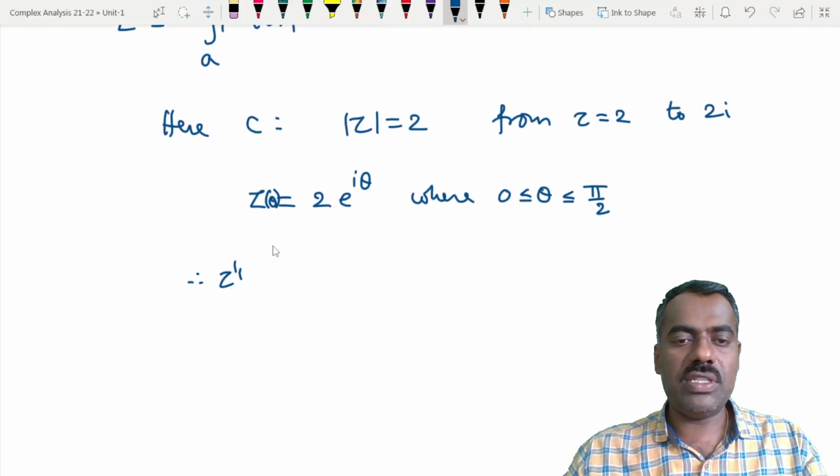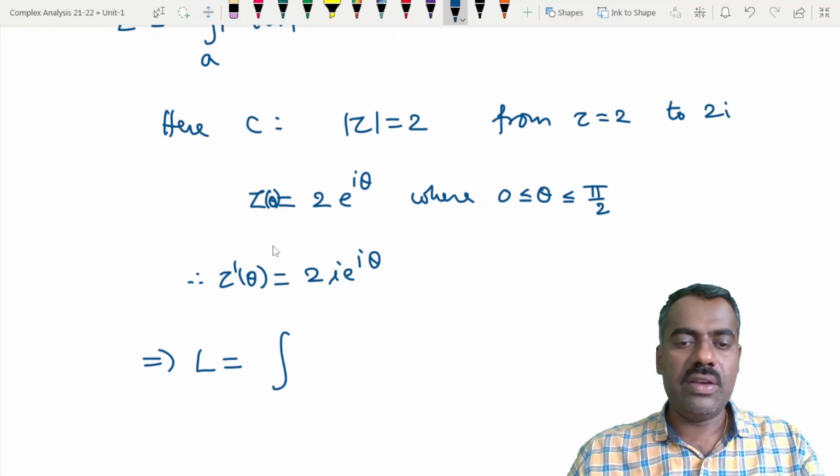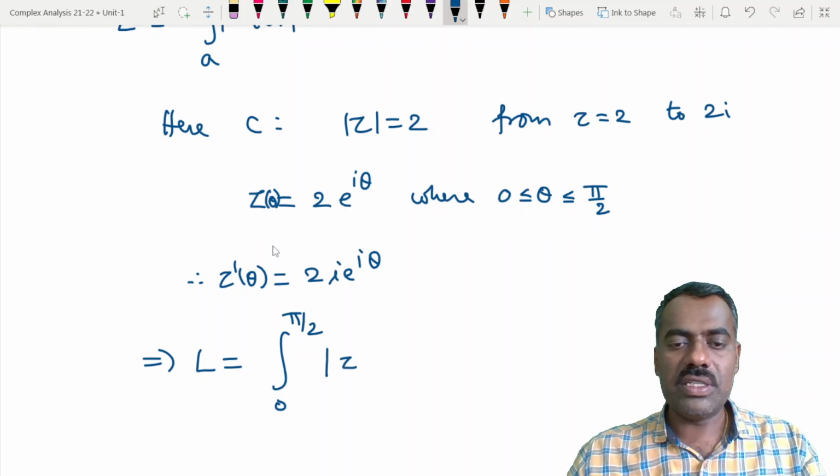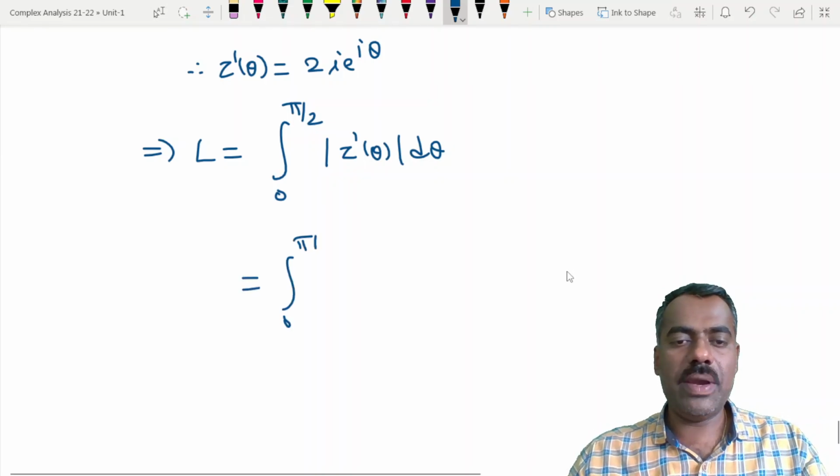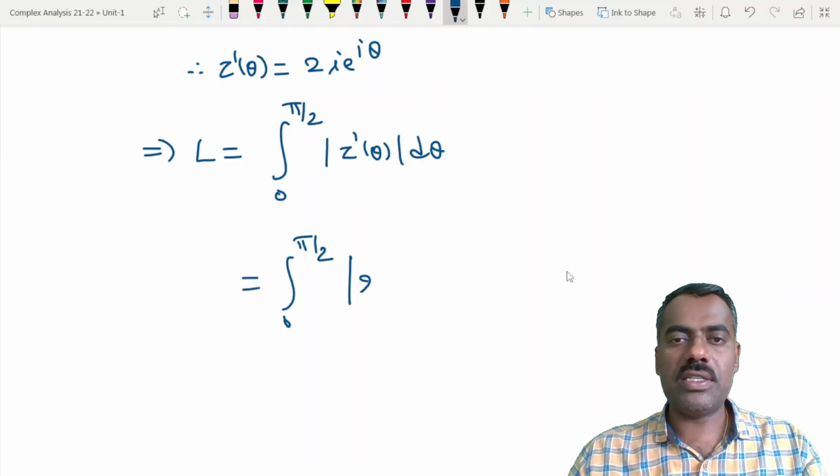Therefore z dash of theta is 2i e power i theta. This implies L is the integral from 0 to π/2 of the modulus of z dash of theta d theta, which is the integral from 0 to π/2 of the modulus of 2i e power i theta d theta.